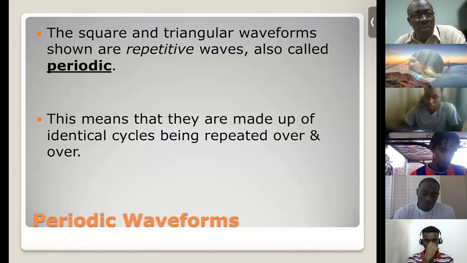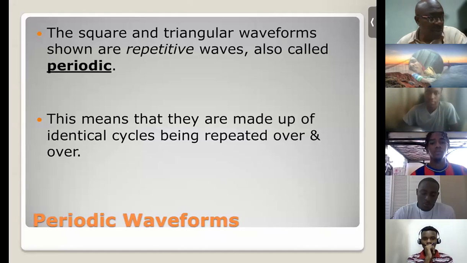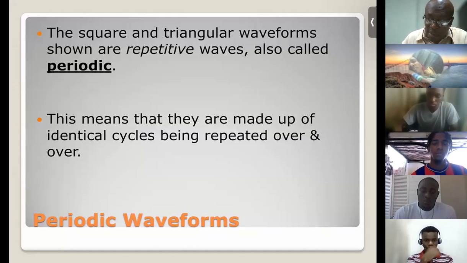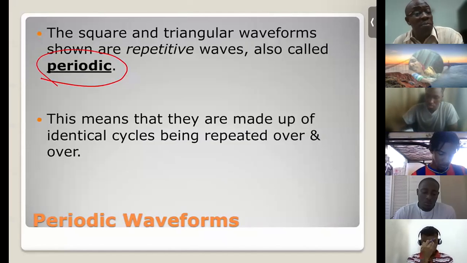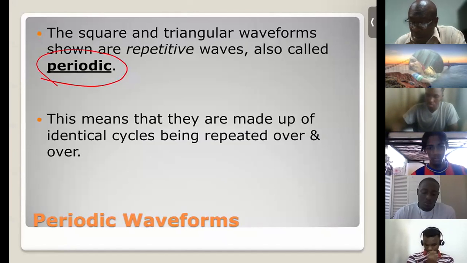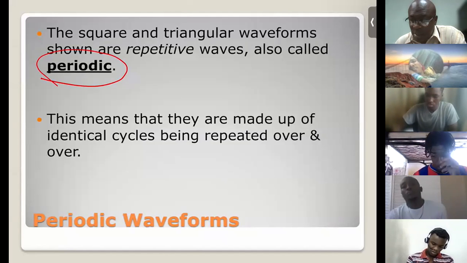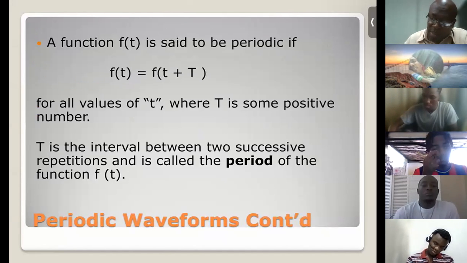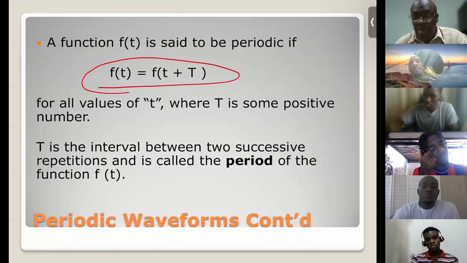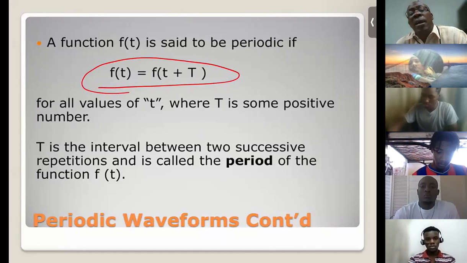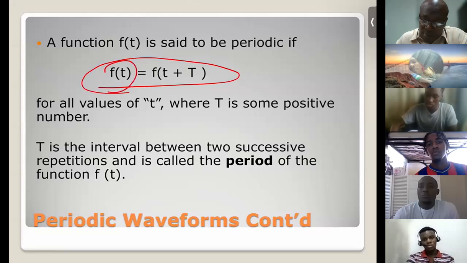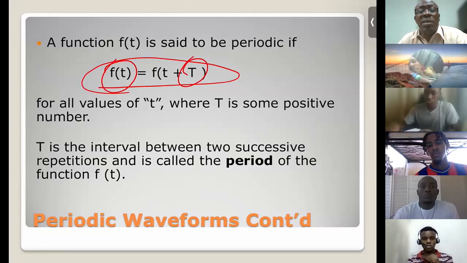We referred to these waveforms as periodic, simply meaning that the same waves were repeated at a given time interval. That time interval represented by the periodic time that we just mentioned, big T. And if we were to represent that mathematically, then what we're saying is that f of t is equal to f of t plus T. And this mathematical representation, all it means is that the waveform f of t after a time T, periodic time, is repeated.